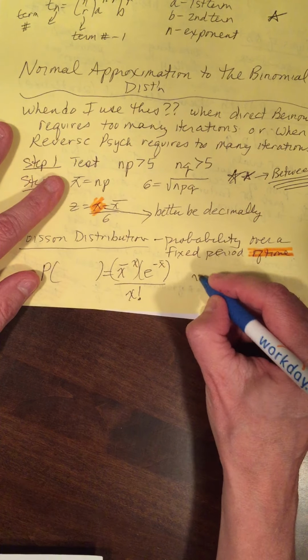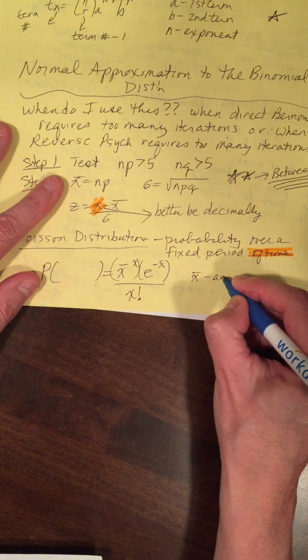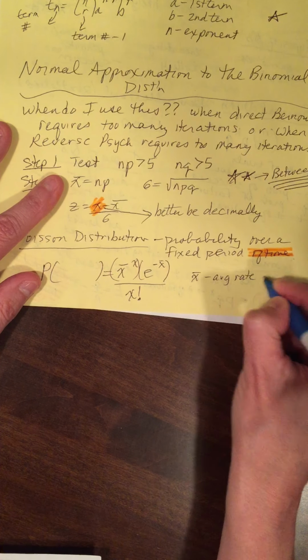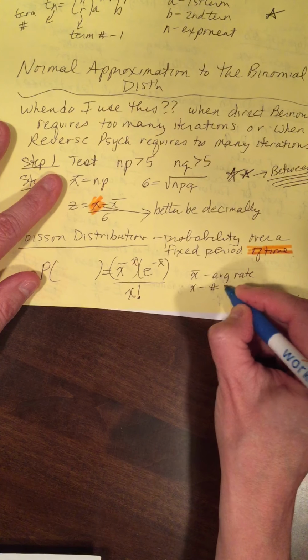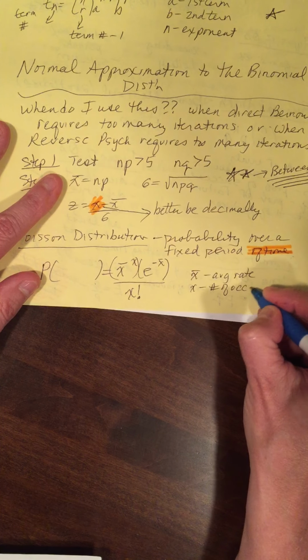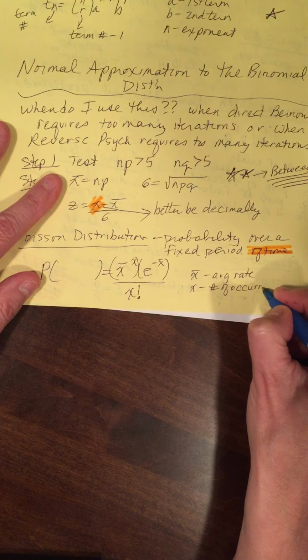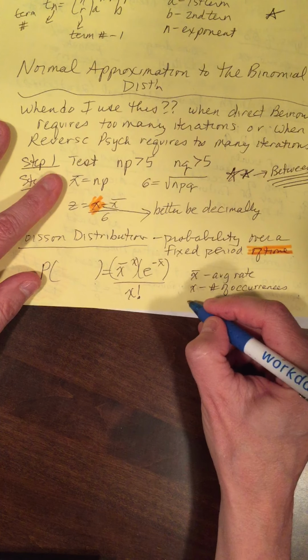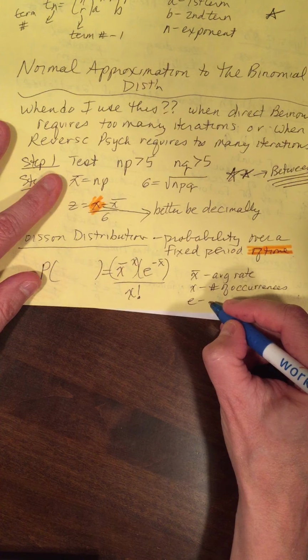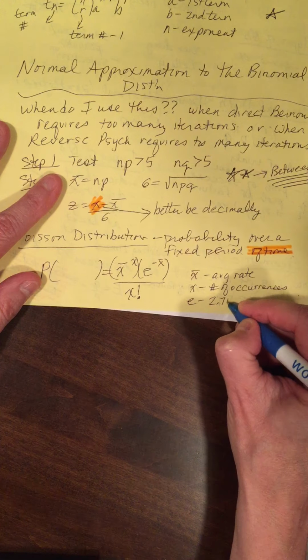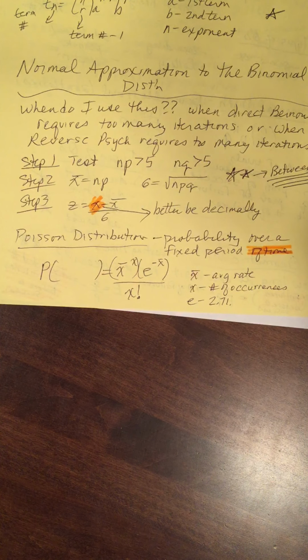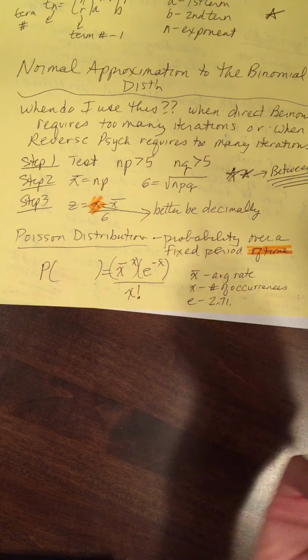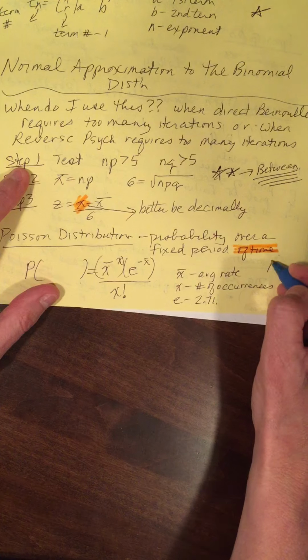So let's recall, x bar is your average, x is the number of occurrences, and e is the element of 2.71, I think 28. Okay? So again, I had already kind of told you this.